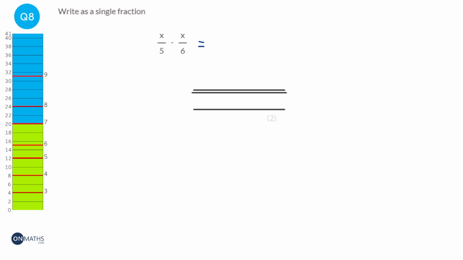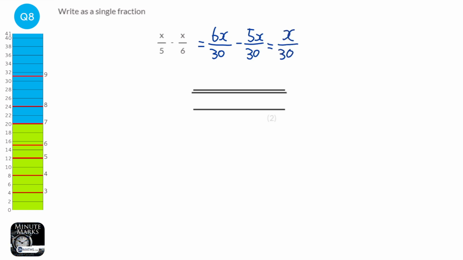So times the top and bottom of the first one by 6, you get 6x over 30. Times the top and bottom of the second one by 5, you get 5x also over 30. And when you've got a common denominator, you just subtract the tops. So it will be x over 30.